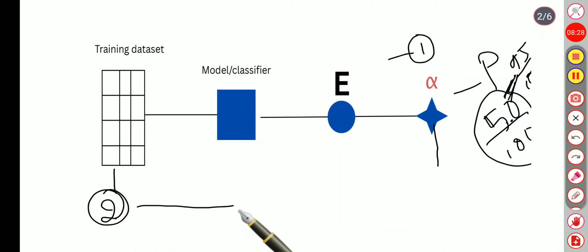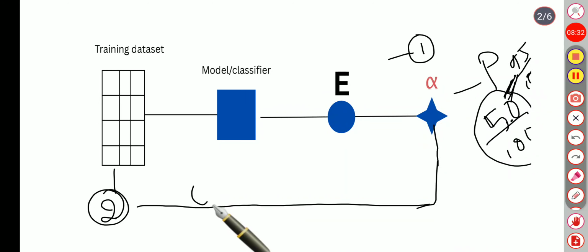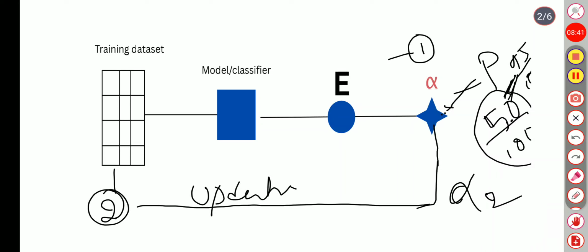Okay, so the second iteration, after updating this particular value, you will get one more value, that is alpha 2. In this alpha 2, your 50% has been increased to 70% due to some tuning.